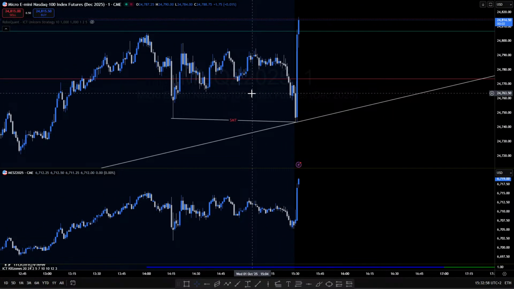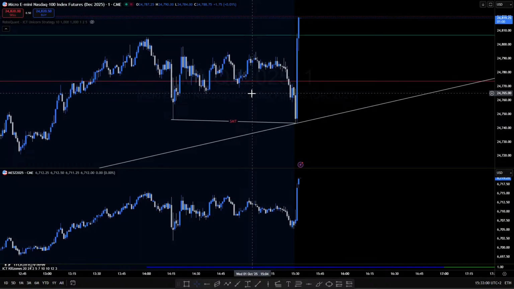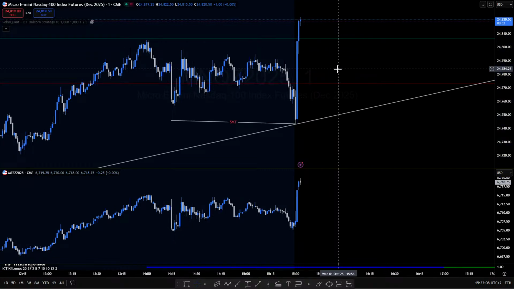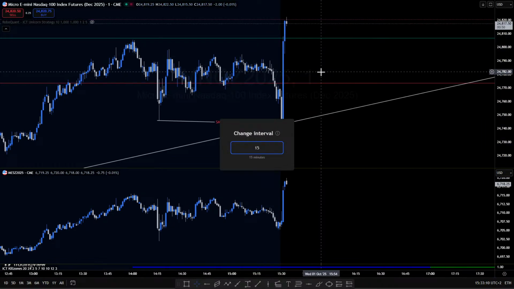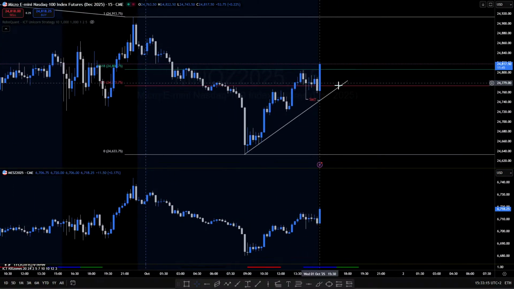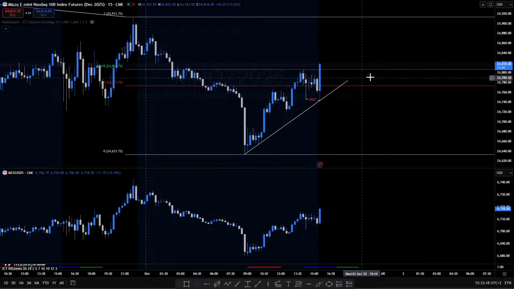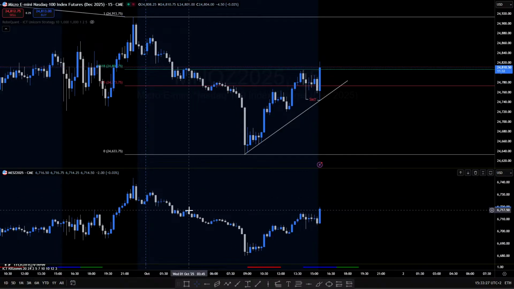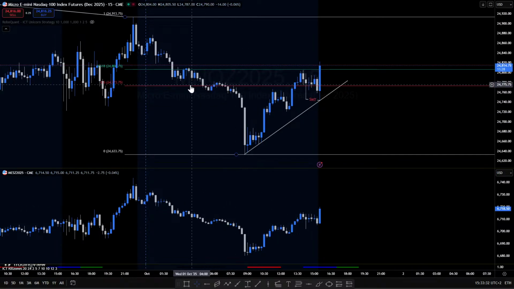If we don't get it, we forget about it. That's how it is. It's on 15 minutes. Yep. Very bullish without an entry. Both are rallying.